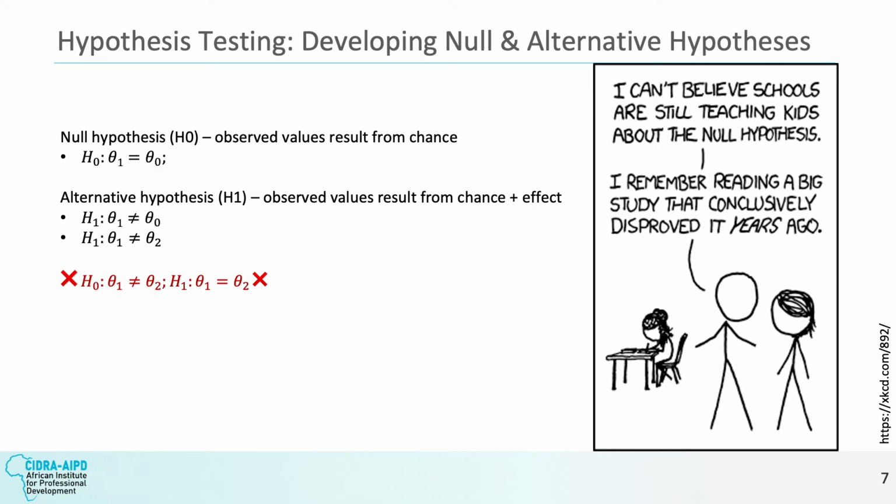The way we formulate this is the observed statistic of our sample is equal to some value. For example, the average height of AIPD students is 1.7 meters. The alternative hypothesis is formulated as the observed statistic of our sample data is not equal to some value. In this example, we could say the average height of AIPD students is not 1.7 meters.